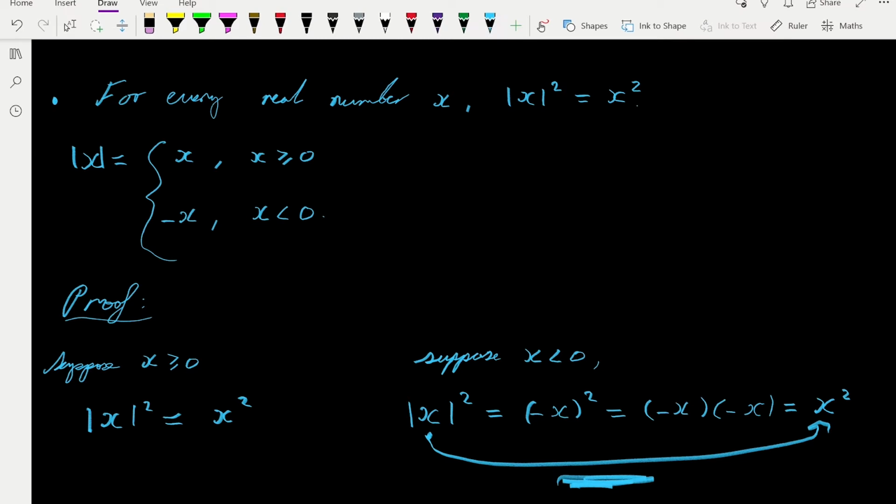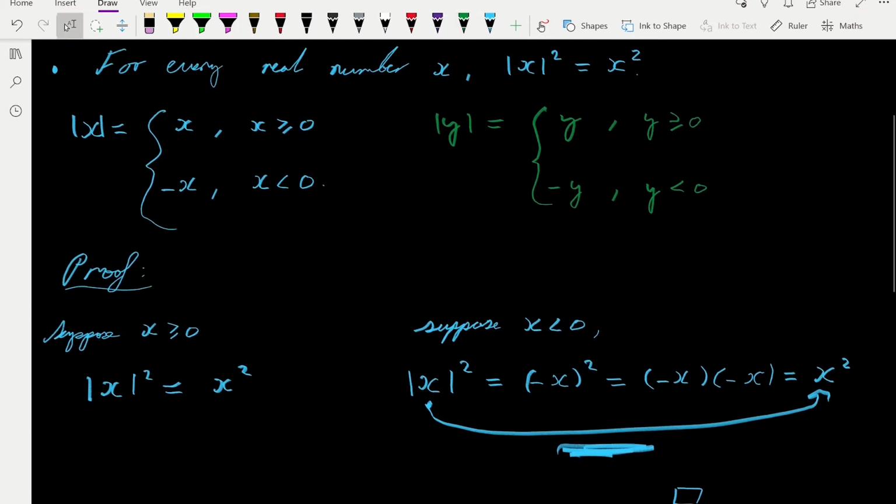So, we could have just as well talked about y, some other variable. We didn't have to use the variable x in our definition of absolute value. So any real number y would just be y, so long as it's greater than or equal to 0, and negative y, so long as it's strictly less than 0, okay?